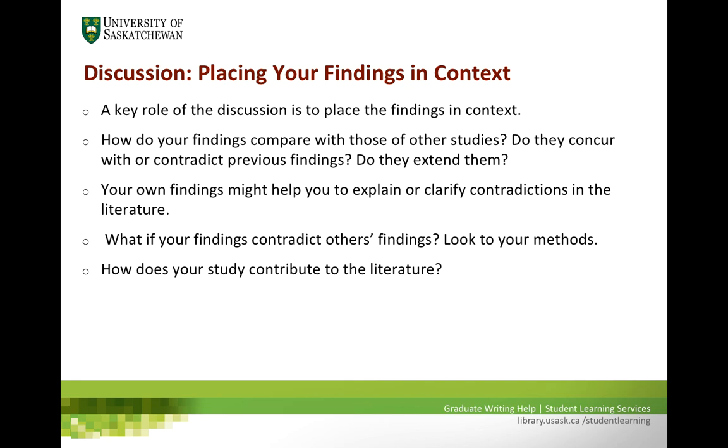What do you do if your findings contradict other people's findings? Well, you should look to your methods section. Perhaps different measures, procedures, or sampling biases account for these differences. And you have to think about what these differences say about the generalizability of your findings and others' findings.